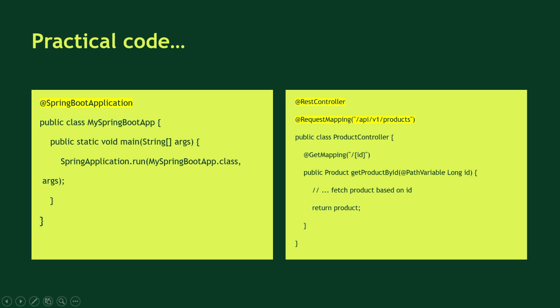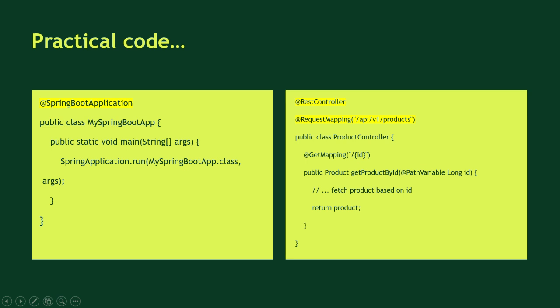Then @RestController and @RequestMapping. If you see both, this denotes one of the stereotype annotations which indicates that it's a controller. And request mapping is, as I said, where the request will be mapped to this particular URL, and inside this you can define certain methods, as we discussed.